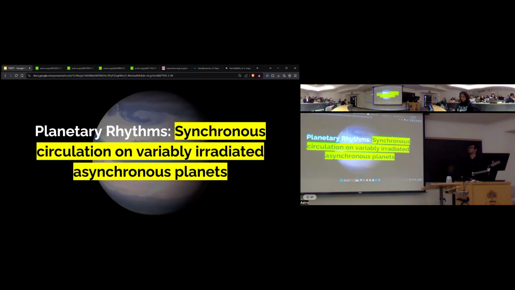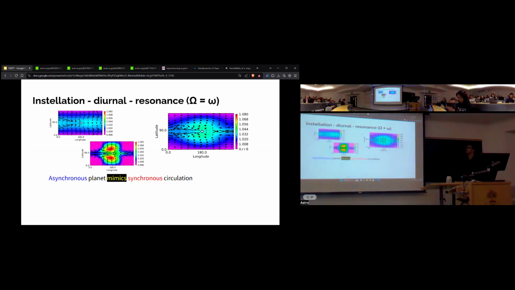So what is synchronous circulation and variably irradiated? Putting all of those things together, this is an asynchronous planet. So technically, it should have the substellar point going around, just like the Earth. And this is also asynchronous and this is synchronous.